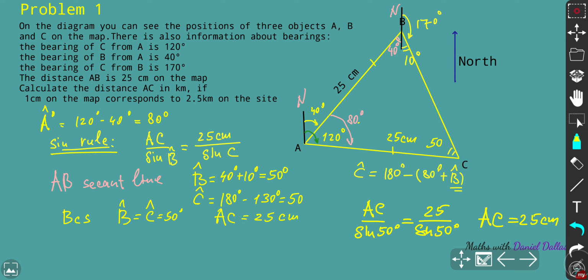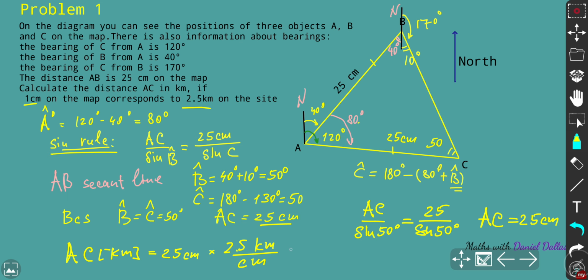All right, so what it means is that right now we can convert with the factor 2.5, because each centimeter on the map is 2.5 kilometers in reality. So AC in kilometers, we need to take the value 25 in centimeters and multiply by 2.5 kilometers per each centimeter.